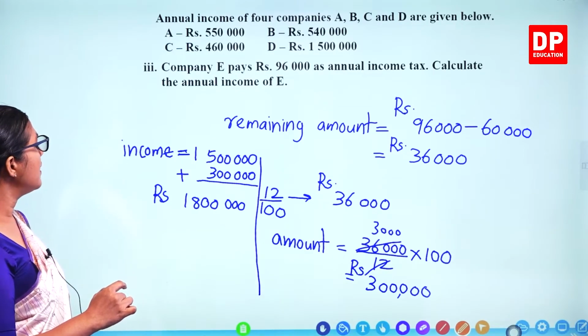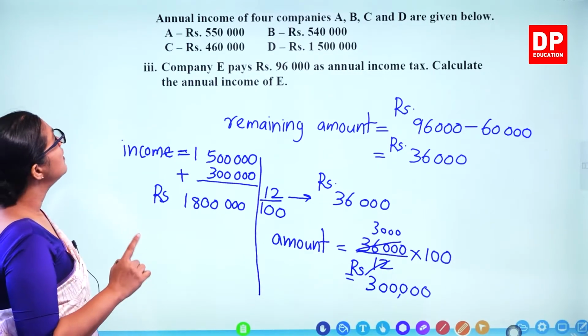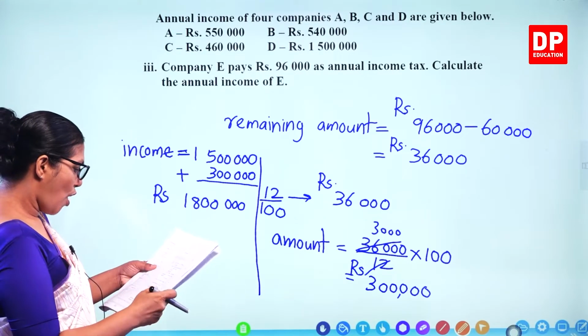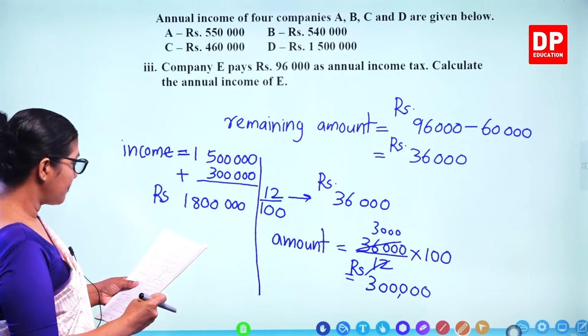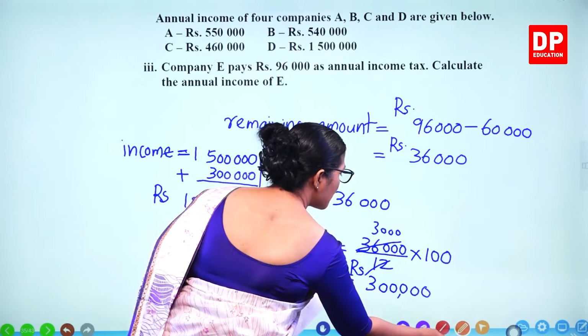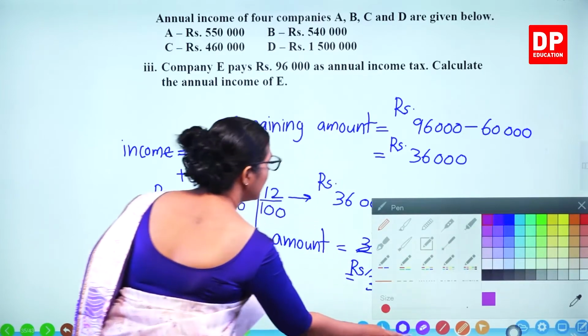So that's the total income of E. So how many marks? 1,800,000. 4 marks you can get for this part.